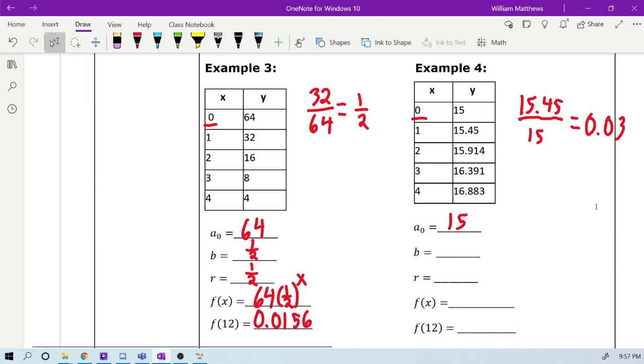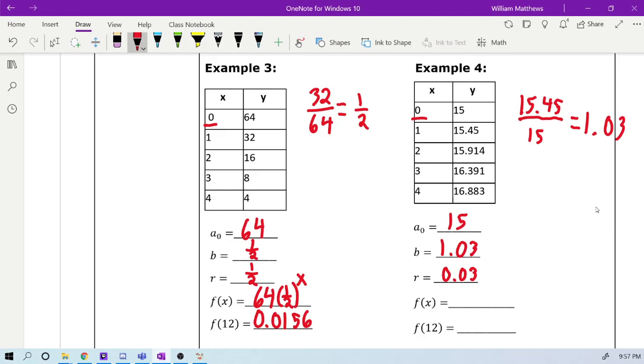This gives us a rate of 0.03, which would be a 3% increase, and our factor is just 1.03.